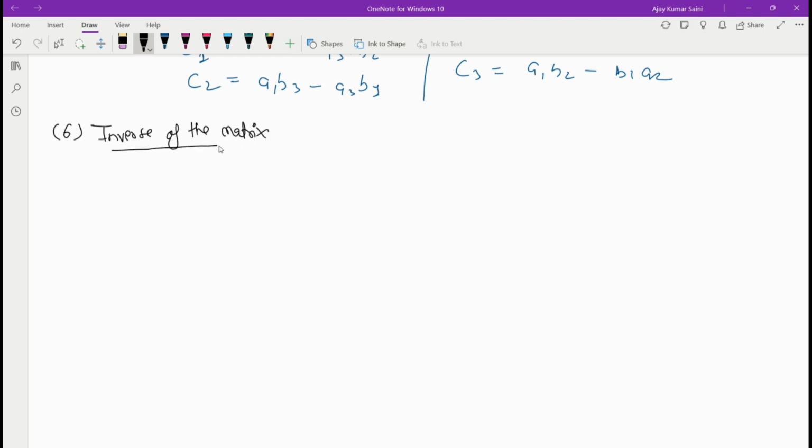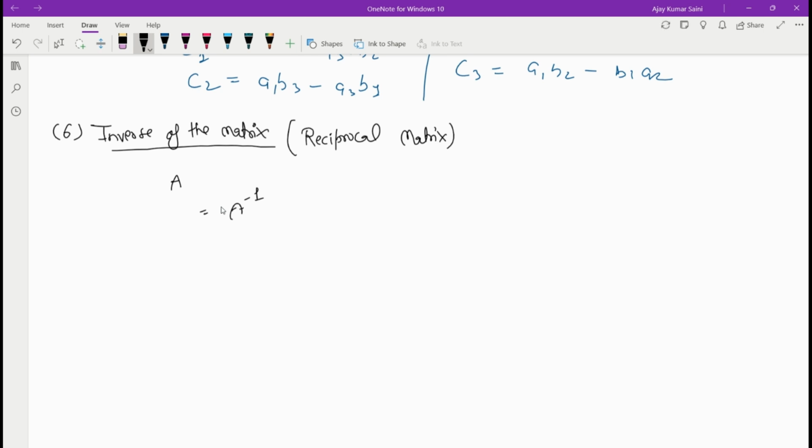It is also called the reciprocal matrix. Like if there is any matrix A, the inverse of that matrix is equal to A inverse. So we can write it like this.